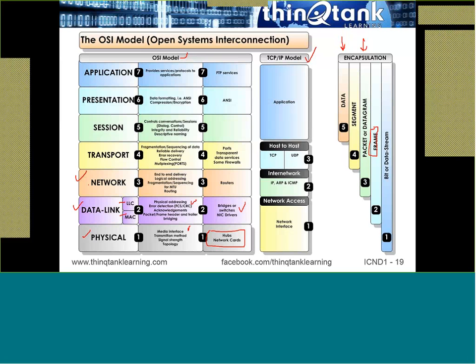Well, let's talk about that for a second. We didn't see it denoted for the data link layer, but at the data link layer, oh, it is there. It's right in the first one, physical addressing. So we see physical addressing at the data link layer. We see logical addressing at the network layer. What does that mean? Well, it means that at the data link layer, addresses are tied to the physical device.